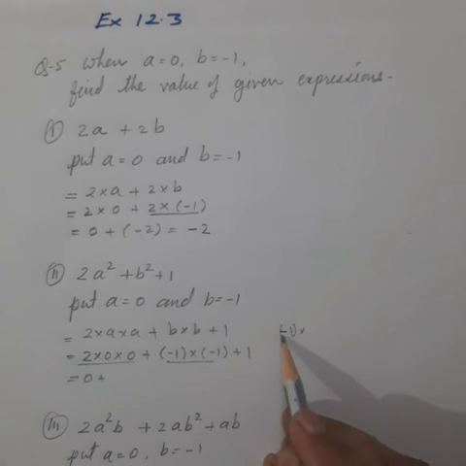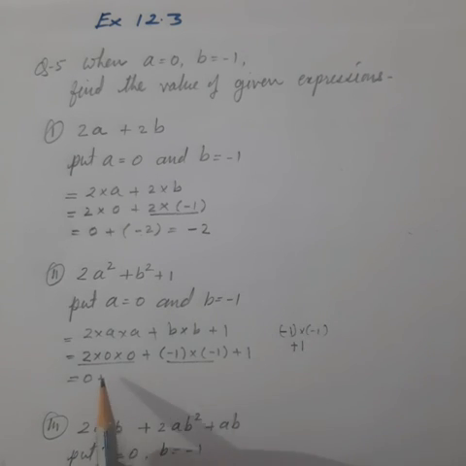Minus 1 into minus 1. Both the numbers are negative. Product will be positive. 1 ones are 1. So you can keep it in bracket also, or simply you can take it out, because in front of the bracket again plus sign is there. So you can write plus 1 and this is plus 1 and 1 plus 1 is 2. 2 plus 0 we get 2 only.